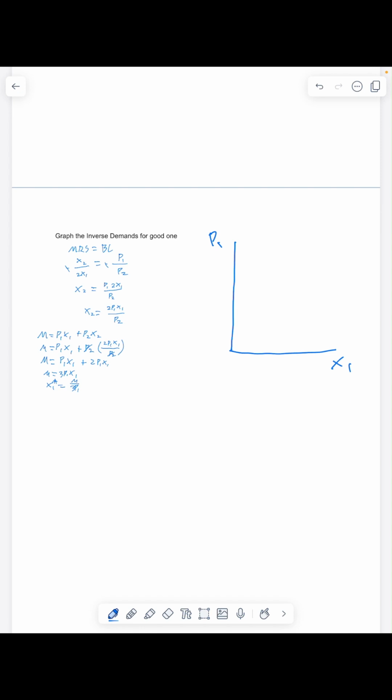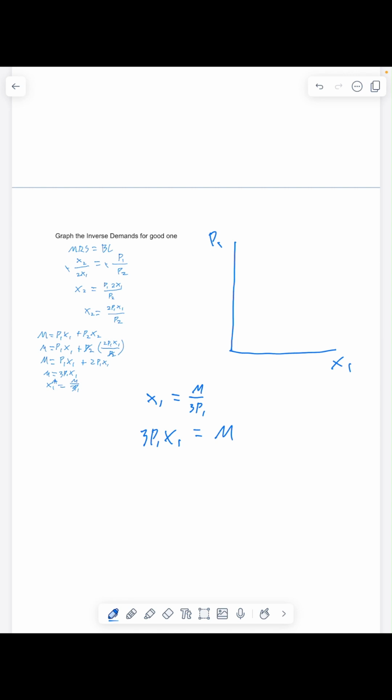So in order to do this, we are going to start by backtracking a little bit, setting our ordinary demand, right? But we want this to be in different terms, so we can change this to 3p1x1 equals m.